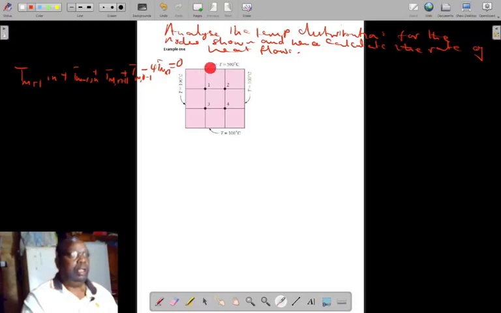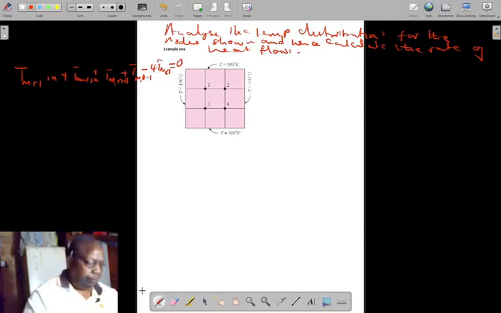We're told that that surface there is at 500 degrees, this surface is at 100, that surface is at 100, and that surface is at 100. And we will use this equation that we've developed to come up with the temperature distribution for the 4 nodes.